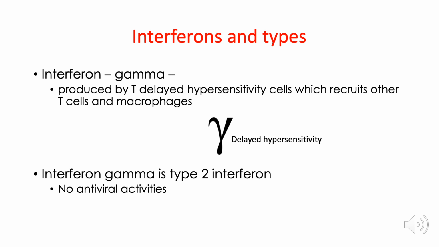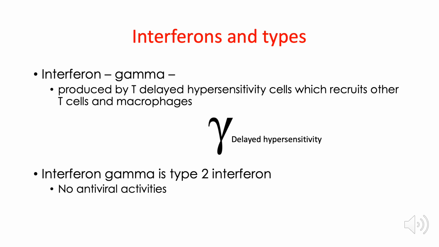And that doesn't have to do with fighting viral infection. That's why even if this chemical is called interferon, it doesn't have the same activity as interferon alpha and beta. So that's why interferon gamma is classified under type 2 interferon.